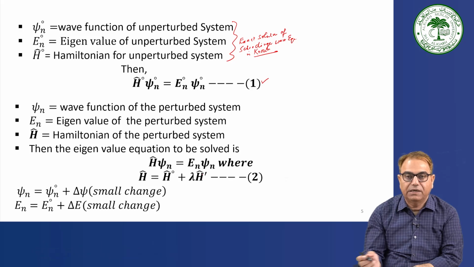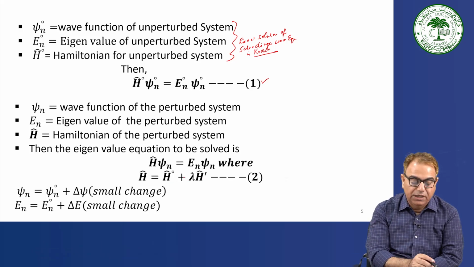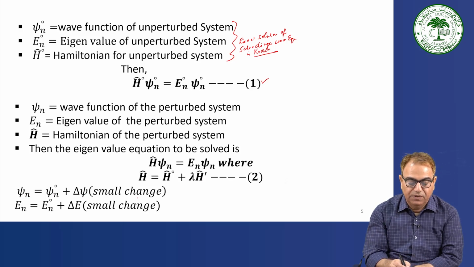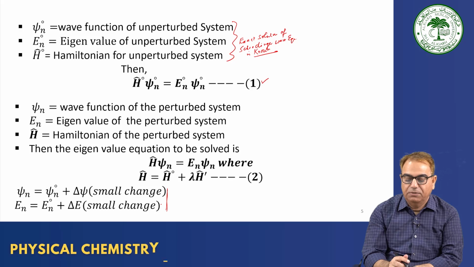The condition is that psi n should differ from psi n naught by a very small amount, delta psi. This is a small change. E n should differ from E n naught by a very small amount, that is delta E, a small change. Always remember that it should be a small change, then only it's called the perturbation method.